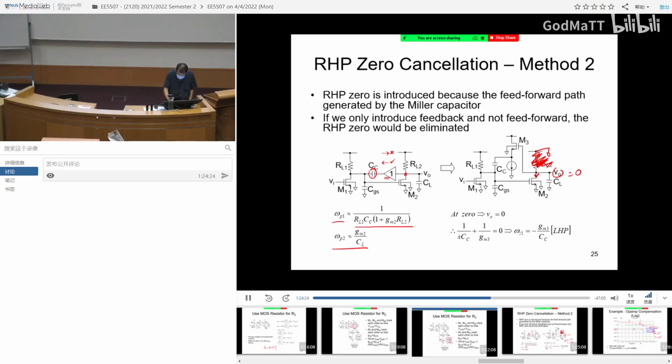The resistor, no current can flow through. Over here is connected to the gate, which is open circuit as well. So no current can flow through. The Gm V1 has to be zero, it means V1 has to be zero. So if V1 has to be zero, it means this point has to be zero.